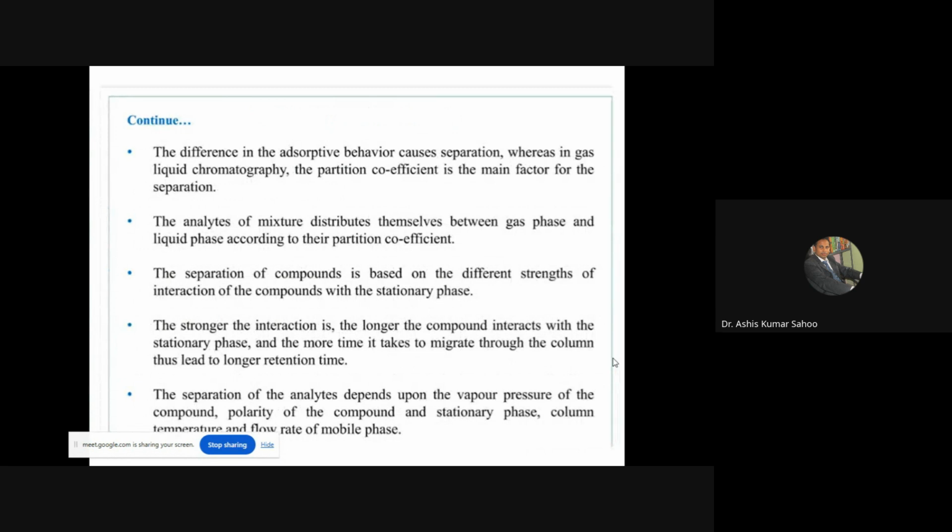The separation of compounds is based on the different strength of interaction of the compound with the system. The stronger the interaction, the longer the compound interacts with the system, and the more time it takes to migrate through the column.